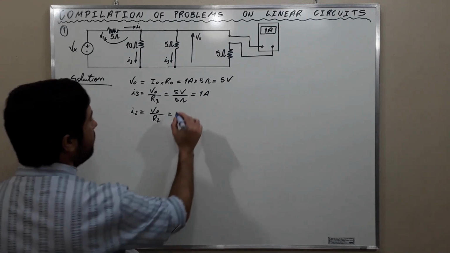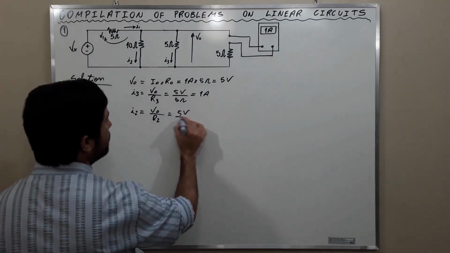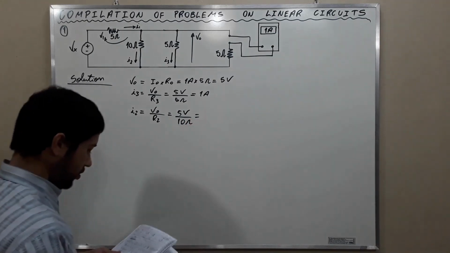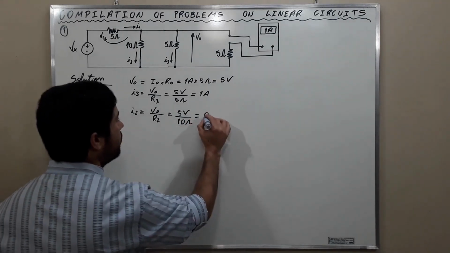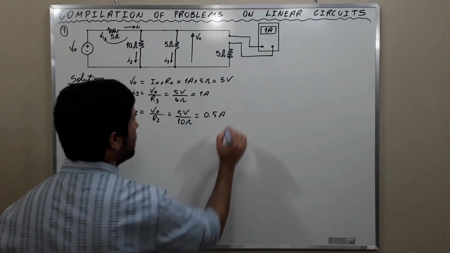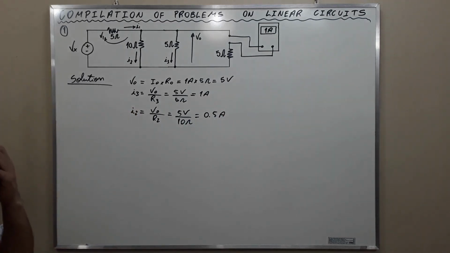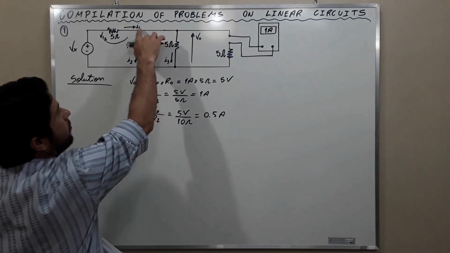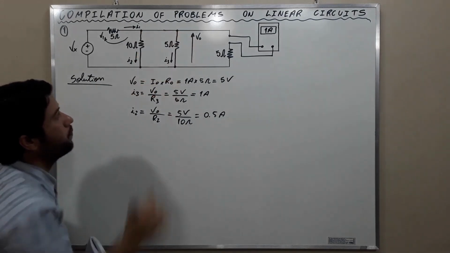Then it's simply 5 volts divided by 10 ohms, which is equal to 0.5 amps. So this is a node here. This is a node. Okay?